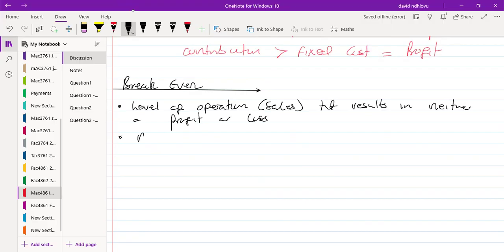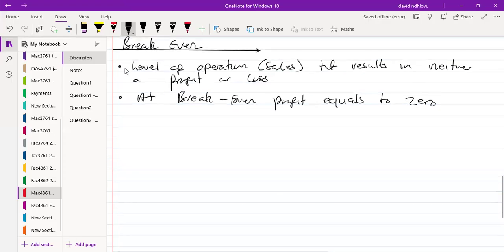In other words, at break-even, profit equals zero. So you are making neither a profit nor a loss. You are simply at equilibrium when you attain break-even.